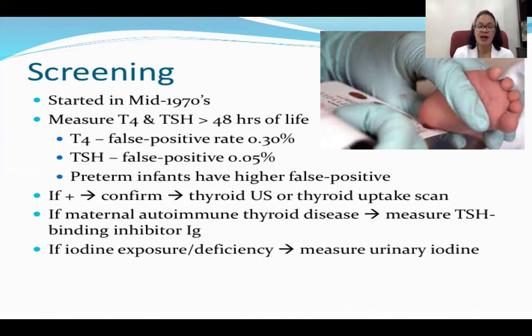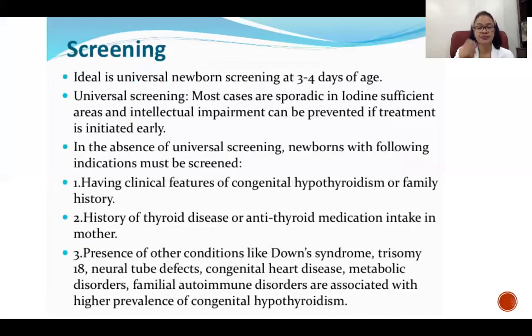Since the most common is thyroid dysgenesis or agenesis, you need to do your thyroid ultrasound or thyroid uptake scan. And if you're entertaining maternal autoimmune thyroid disease, you need to measure the TSH binding inhibitor IgGs. No? And if you are entertaining possible iodine deficiency, you need to measure urinary iodine.